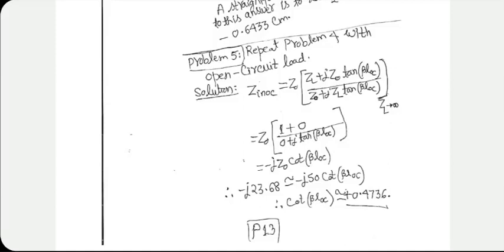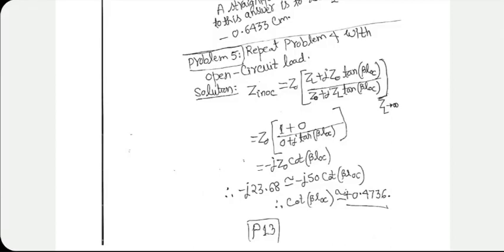We have done it in the past, but I'm repeating it. The impedance required is the same as in the previous problem, minus J 23.68 ohm. So let's equate the two. And now you get cot beta LOC equal to plus 0.4736.